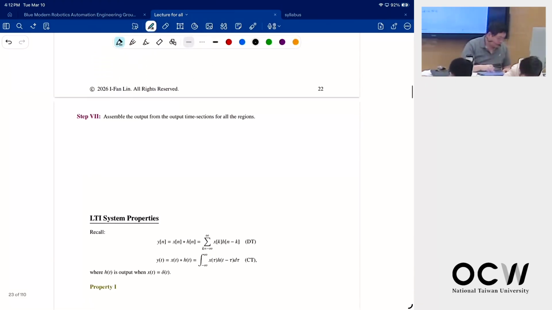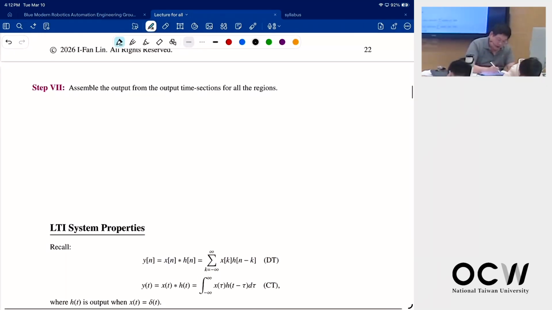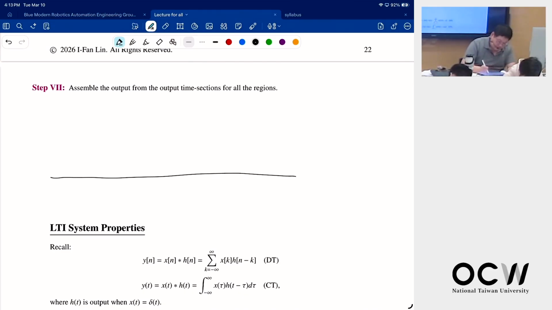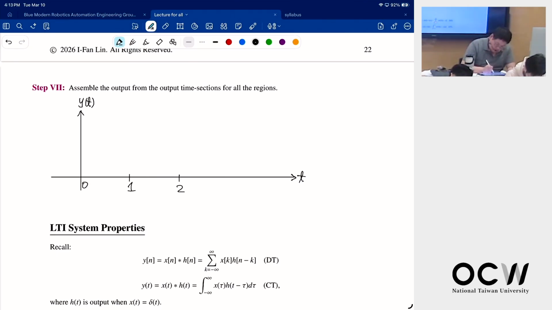So let's see. Here we have t, and this is y of t. We have 0, 1, 2, and 3.